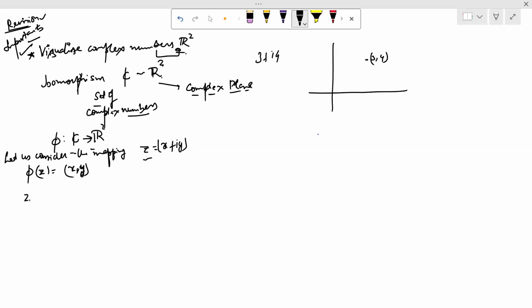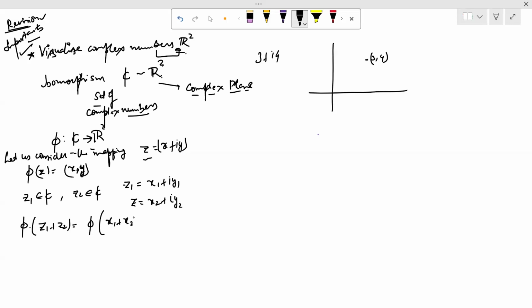So what I can do is take two numbers. Let's say z1 belongs to C, and z2 also belongs to C, where z1 is equal to x1 plus iota y1, and z2 is equal to x2 plus iota y2. So phi of z1 plus z2 would be phi of (x1 plus x2) plus iota (y1 plus y2).